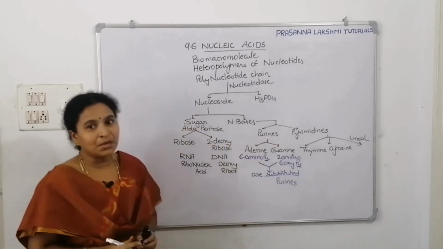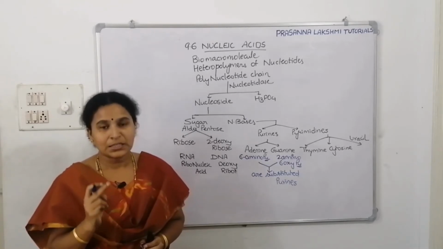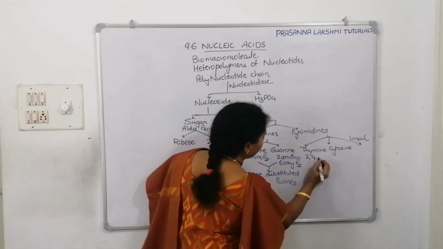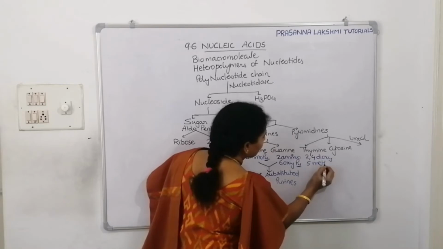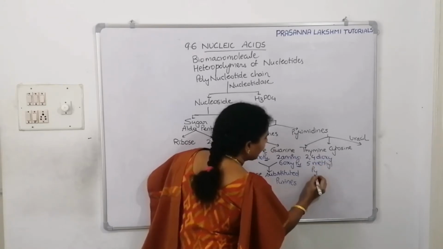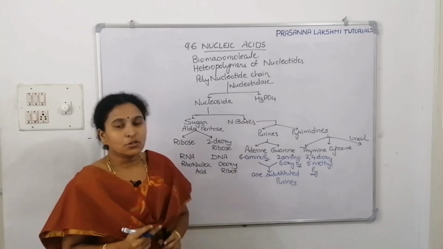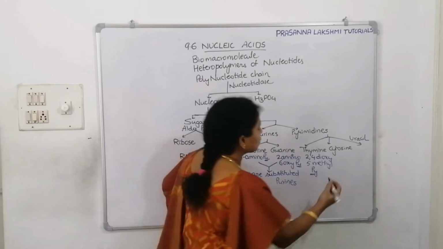Thymine, what's the chemical name? It is 2,4-dioxy-5-methylpyrimidine. And what is cytosine? Cytosine is 2-oxy-4-aminopyrimidine.